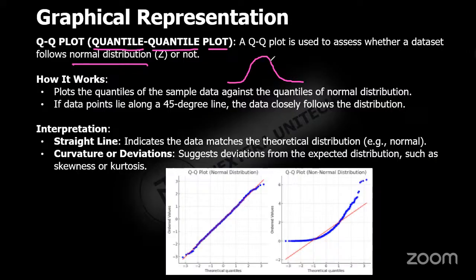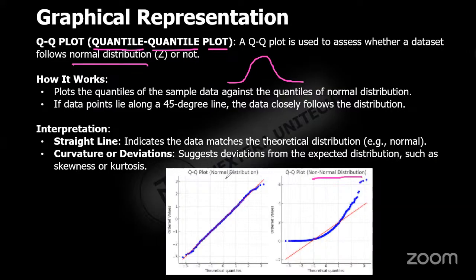If it is following the normal distribution, if you see in the picture, the majority of the data points should fall on this red line. If it does not fall on the red line, it means it is non-normal distribution.